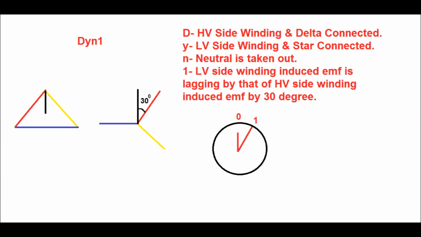That is, if the HV side winding induced EMF remains at 0 o'clock, then the LV side winding induced EMF will be at 1 o'clock, or 30 degrees lag, and that is why it is called Dyn1 type.